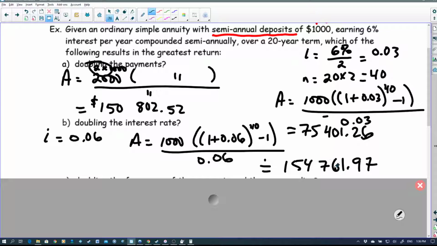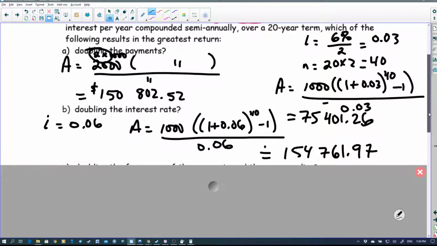So that's a pretty significant difference. Look at how much money you would have gotten at 3% per half year, so 6% overall. This is what you're getting at double the interest rate. So 12% divided by 2 for 6% every half year, which is greater than just doubling the payment. So far, doubling the interest rate is by far the best deal.